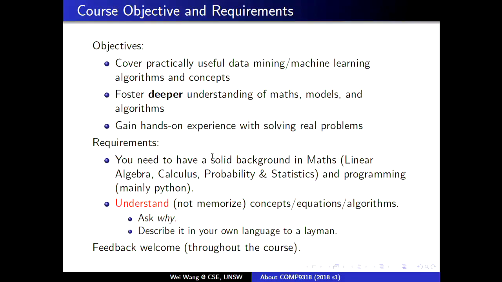Try to explain it to someone else and get their feedback. If you are able to do this and convince other people, and get the audience to understand what's going on, that actually means you have learned a lot. The ability to describe it in your own language is really, really important, even in research, where this is a fundamental skill you need to master.